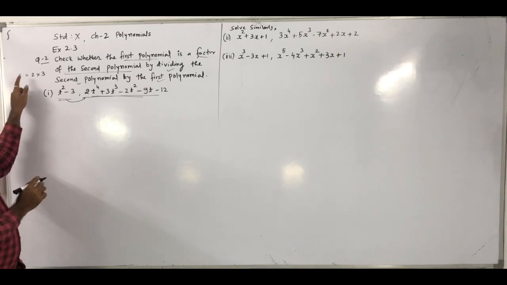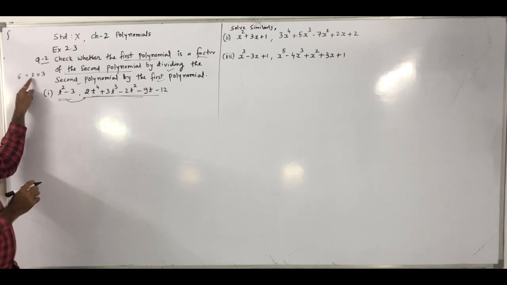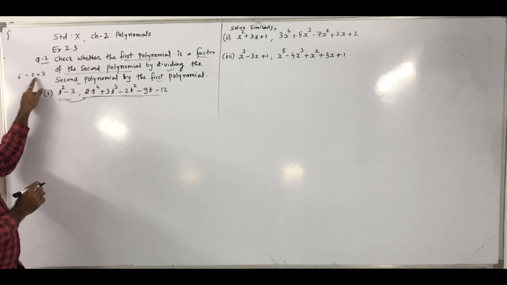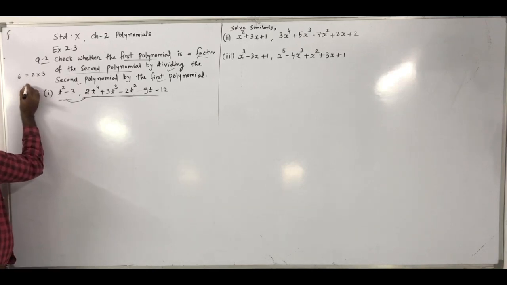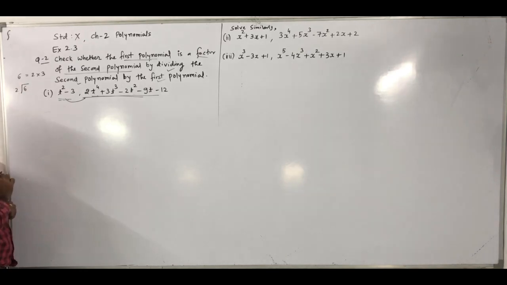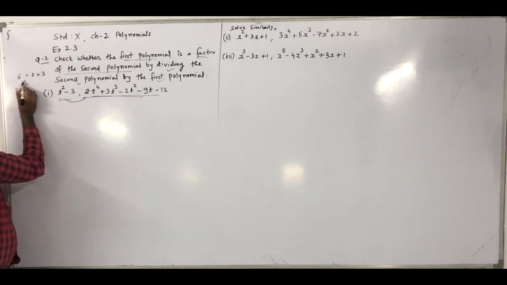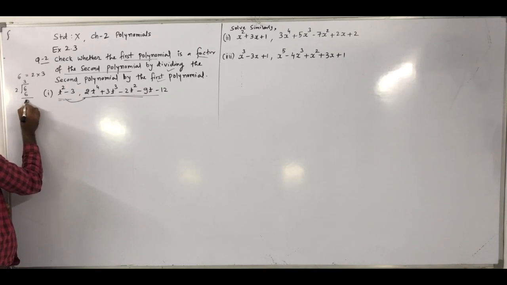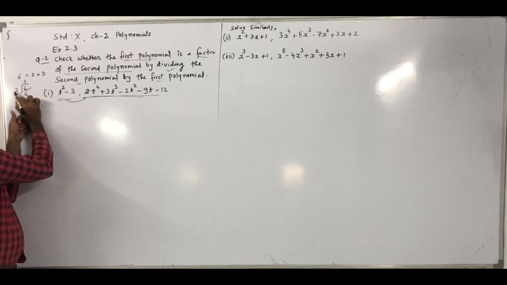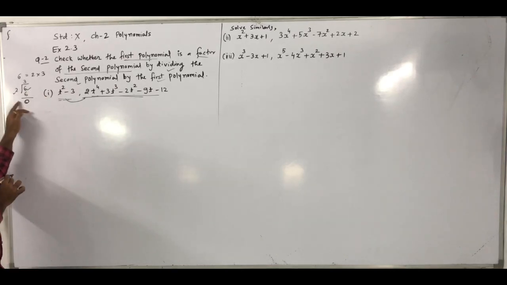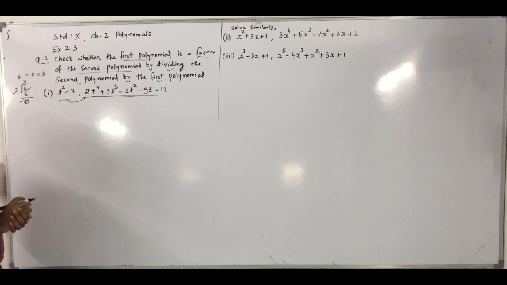So if a number is divisible by any one of its factors, what do we get? Suppose I divide 6 by 2. We get 3, and the remainder is 0. So this number is divisible by its factor, and in that case we get the remainder as 0.